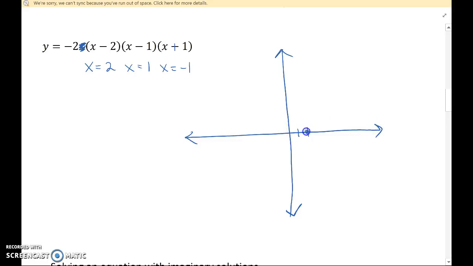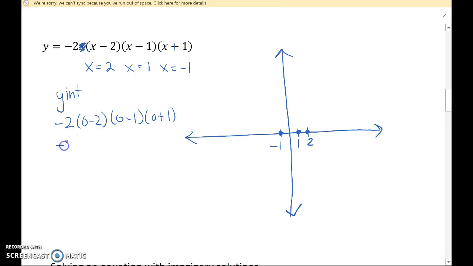So at 2, we have a 0. At 1, we have a 0. And at negative 1, we have another 0. So the y-intercept, we're going to plug a 0 in. So we have negative 2 times 0 minus 2 times 0 minus 1 and 0 plus 1.